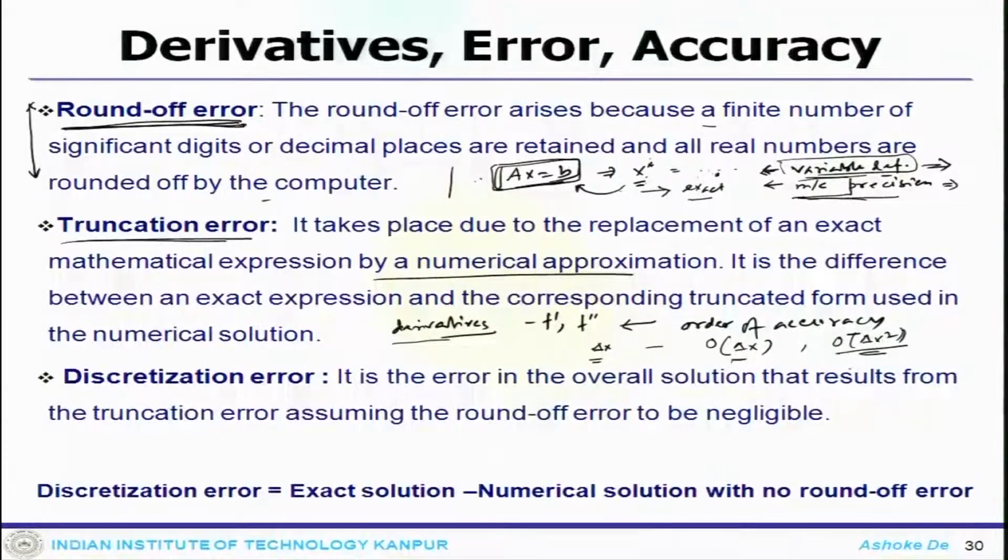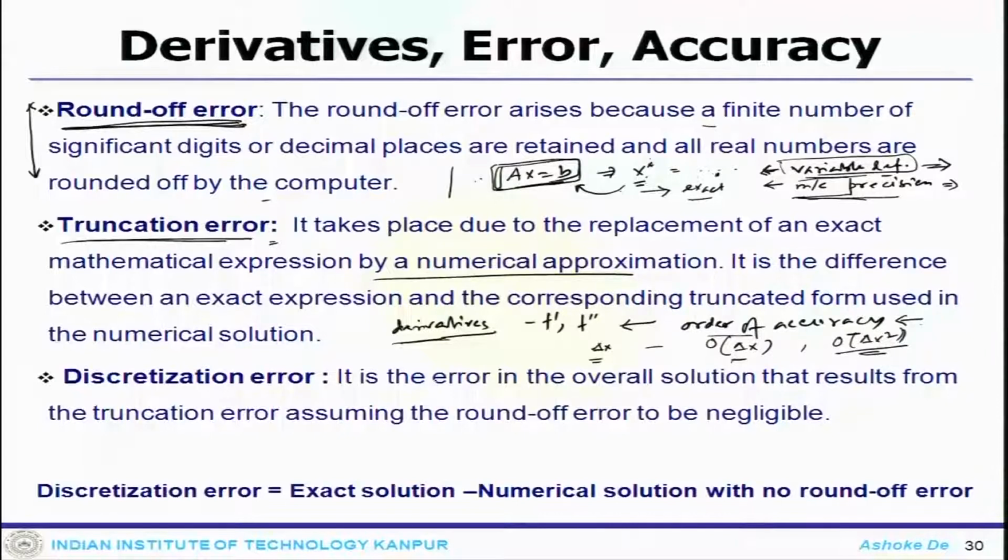So, that is one way you can reduce this truncation error. That means use derivatives with a higher order of accuracy, so your numerical approximation must give you back a higher order accurate scheme. That is one way.